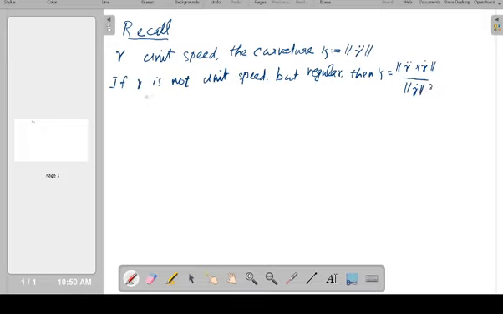This is provided gamma is a curve in R3 or in R2. Here this works everywhere in any Rn.